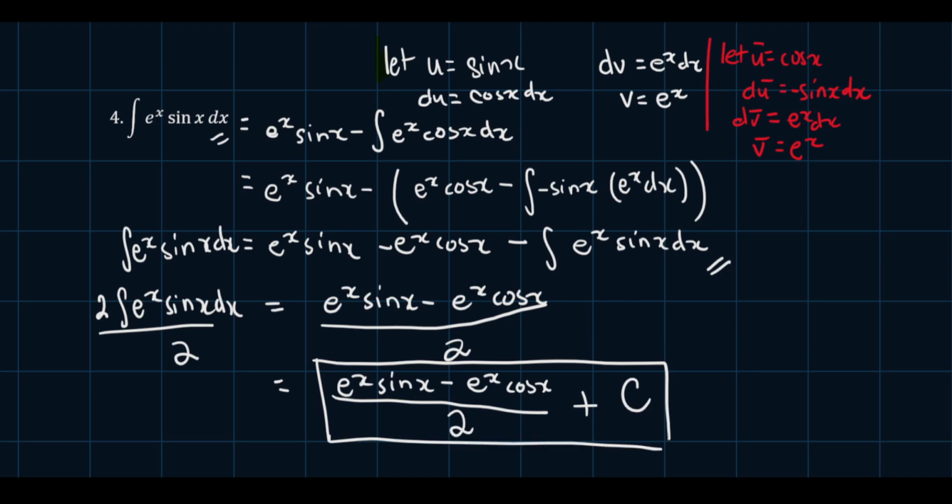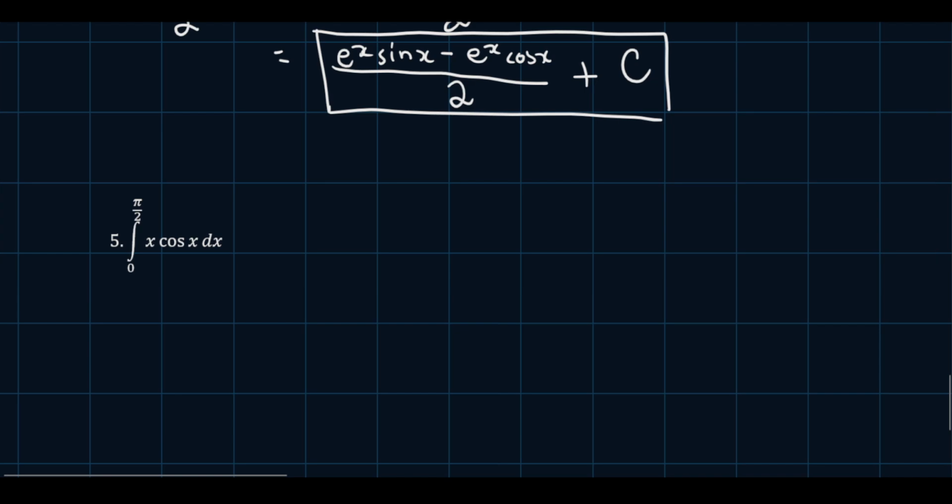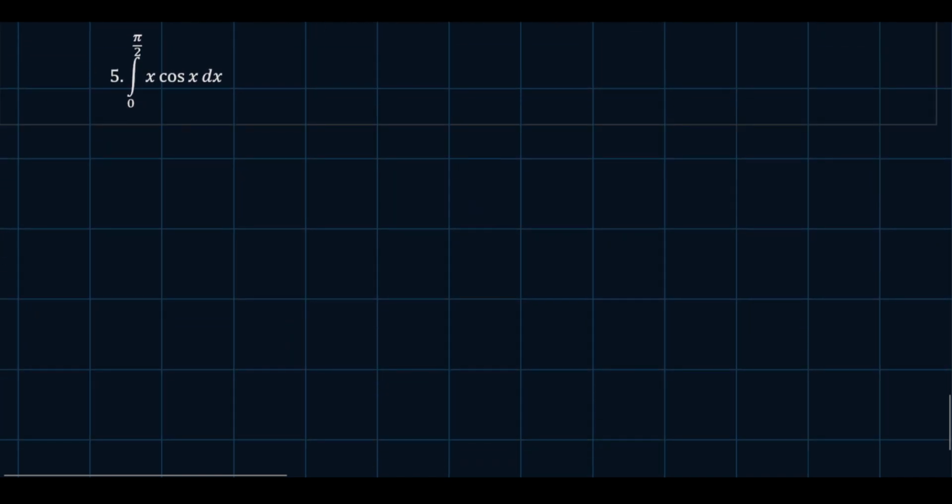So this is our antiderivative. Now it goes without saying that this technique will also apply sa mga definite integrals. So for our last example, let's solve this definite integral. Okay, the definite integral from 0 to pi over 2 ng x cosine x dx.